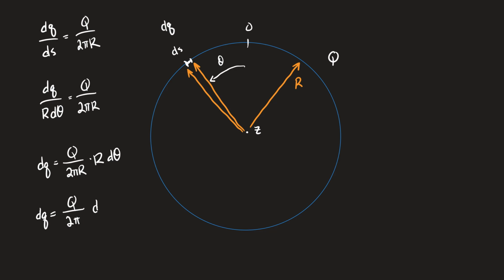If I was to integrate this from 0 to 2 pi, those of you who have had a run of calculus realize that the result of this will be just q, right? Do you see that? That if I add up every piece of charge over the whole ring, I get charge q, which is the charge on the ring. You should expect that, right? Because you're adding up every piece of charge for a ring whose total charge is q. So I would expect if I added this up, I would get that value back.